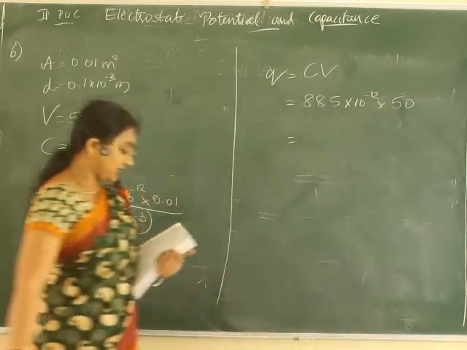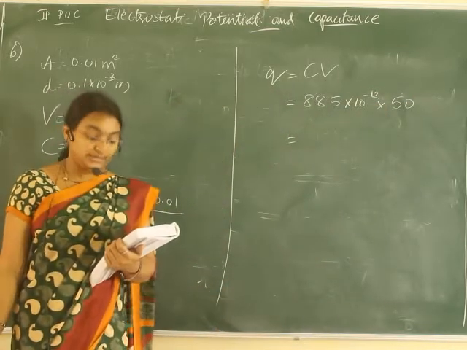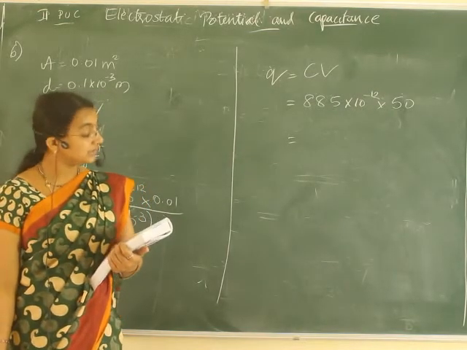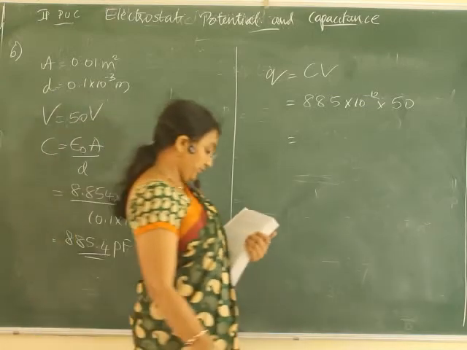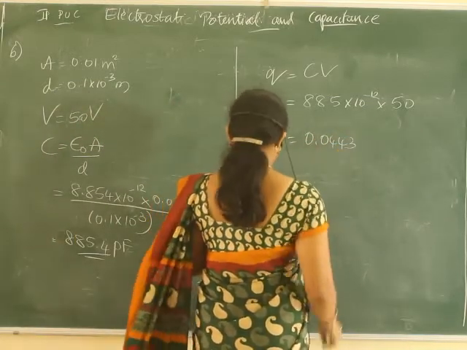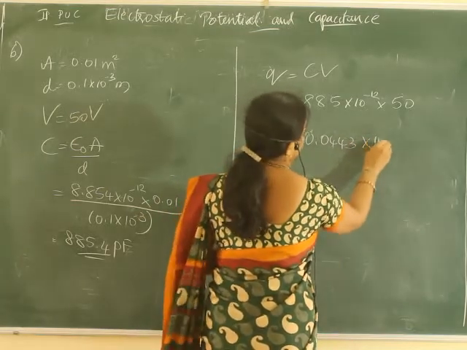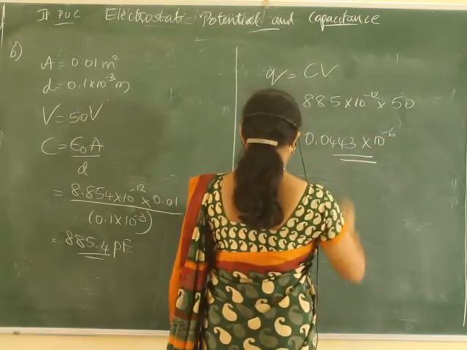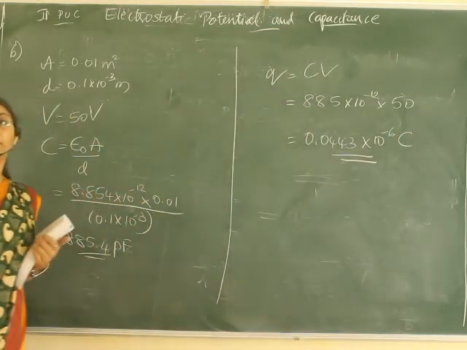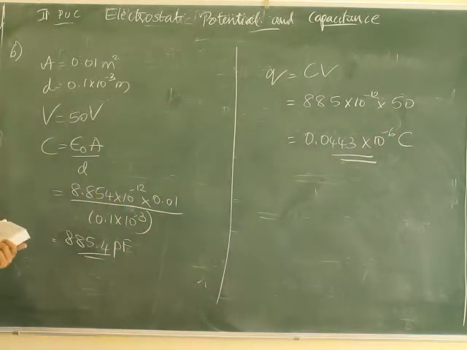So what is the charge? Calculate. What is the answer you are getting? See, the answer here is 0.0443. Are you getting the same? I hope you will get the same, correct?